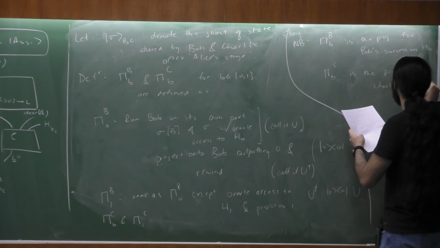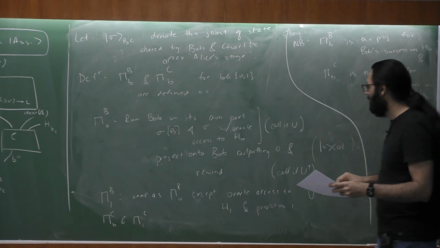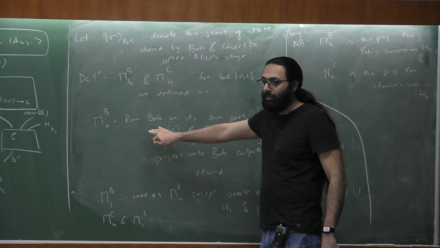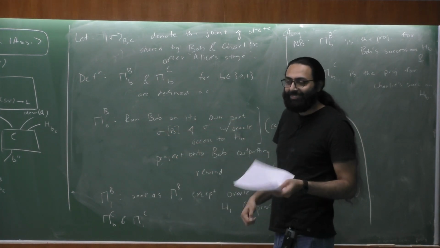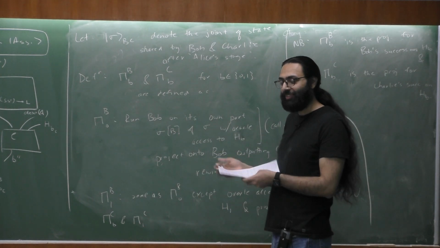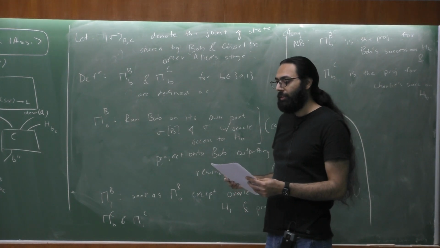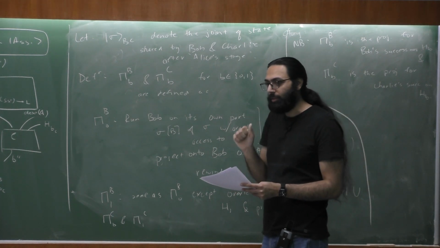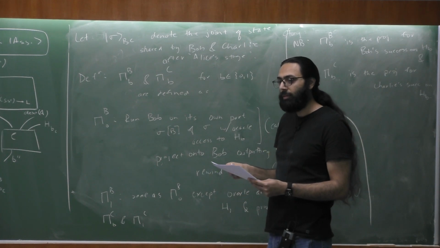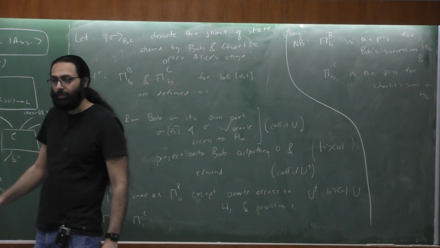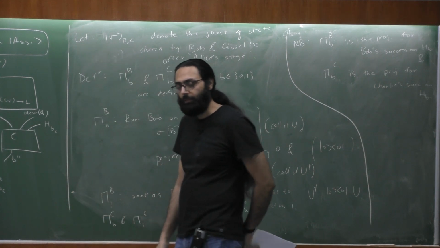Will pi 0c and pi 1c also include U only? No, then it'll be for Charlie, right? Bob and Charlie are different adversaries, so you run whatever Charlie would run. But on two different Hilbert spaces they can have the same unitary, right? It's arbitrary; they can do whatever they want on their space. They are not communicating. This is acting on Hilbert space B and this on C. I'm just asking whether they are performing measurement in the same basis.